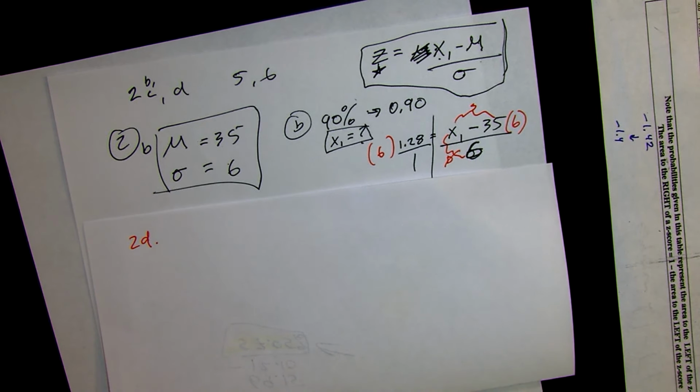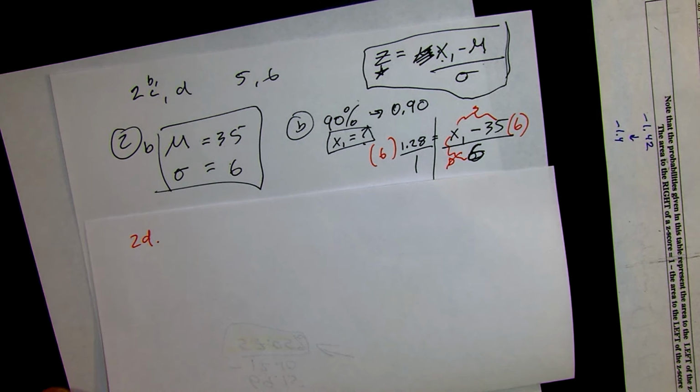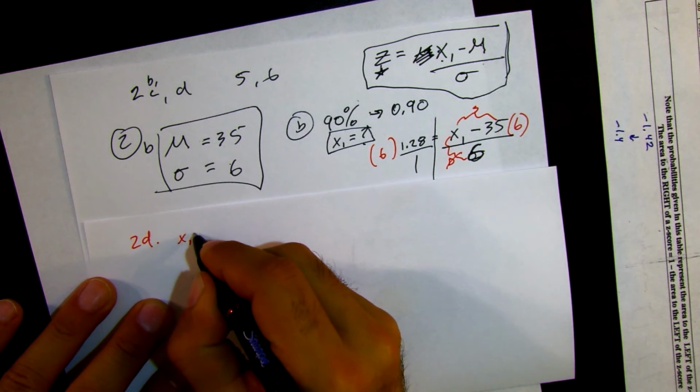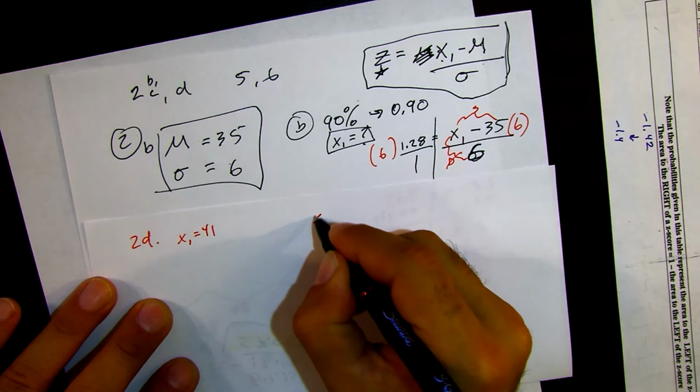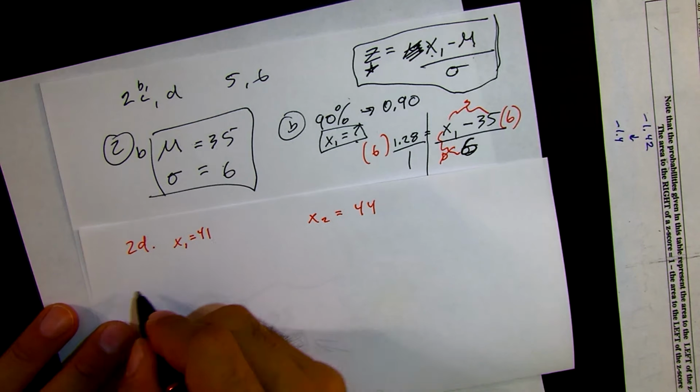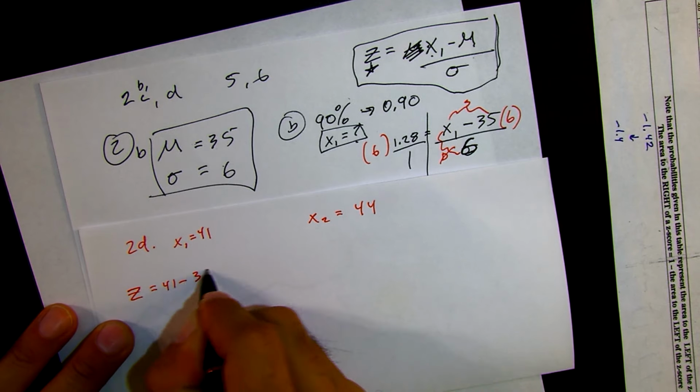We're going to go between 41 and 44. We got to do the whole thing for each of them. So first, find your z-score. z1 is 41 minus 35 over 6. z2 is 44 minus 35 over 6.